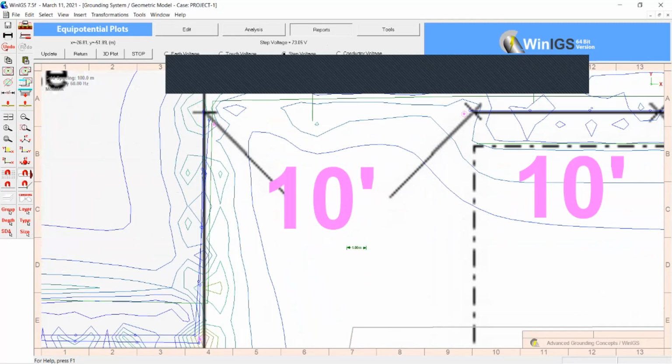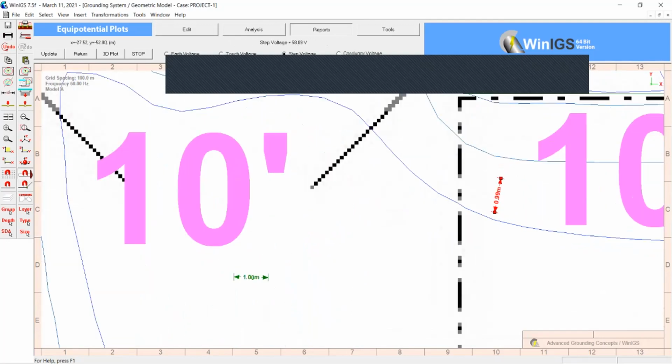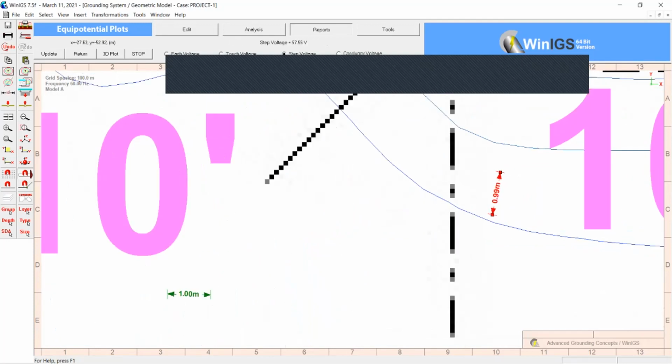Okay. Now if I put it here, instead I'll put it this way. Because the line you are seeing here, this line is an equipotential line. So voltage at any point of this line is the same, 83.82, and here.